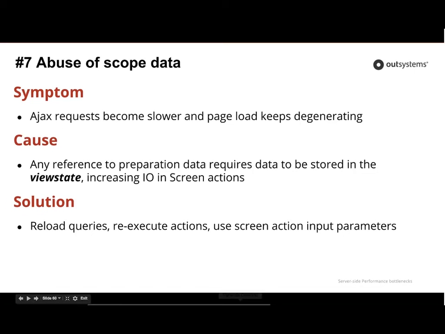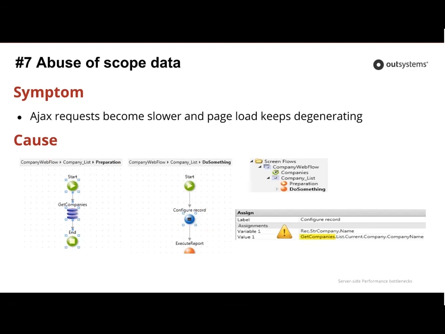And in this case, it is to reload queries. Please, instead of using the result set, try to reload, and if needed, execute some actions instead of using the information that was previously fetched, and also make sure that you use the parameters from your screens.